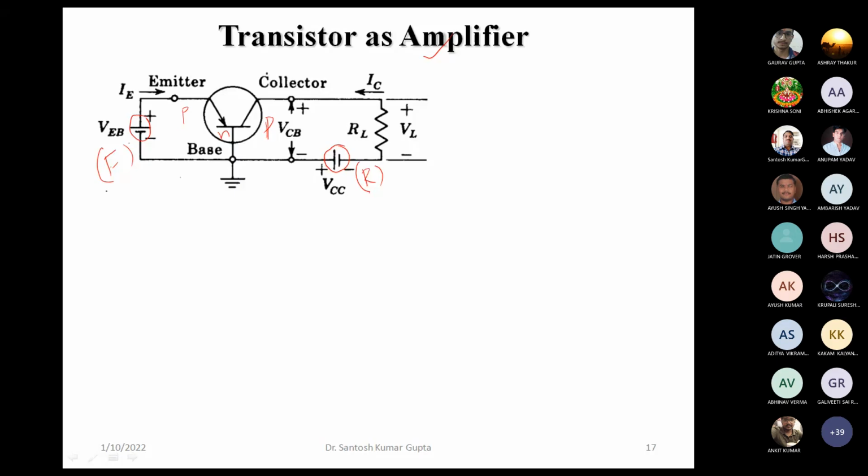The current IE is flowing through the emitter. A part of this, the majority, is collected by the collector, and some part flows through the base, as we have seen in our earlier discussions: IE is equal to IB plus IC.